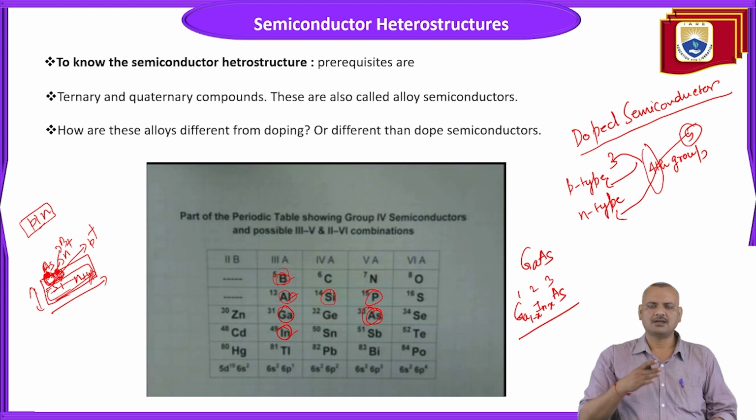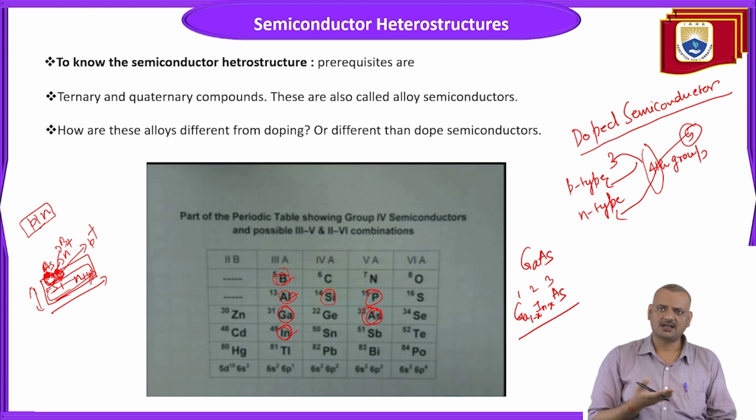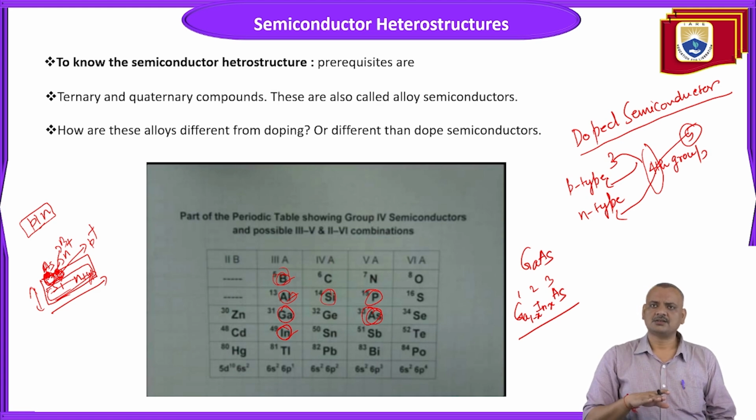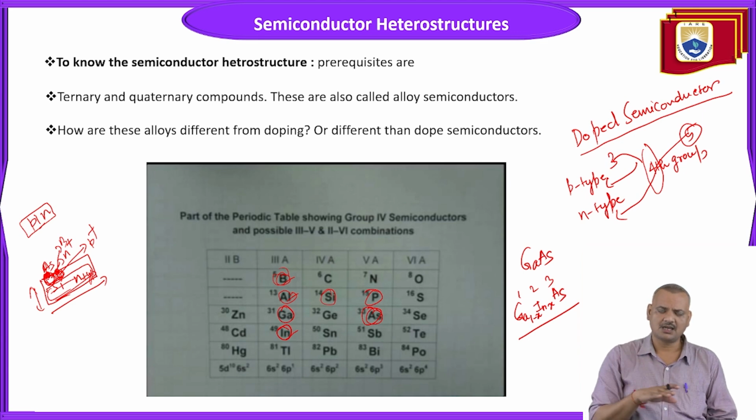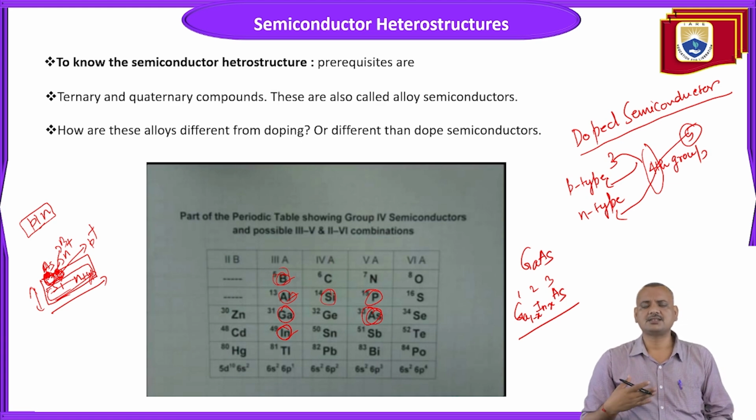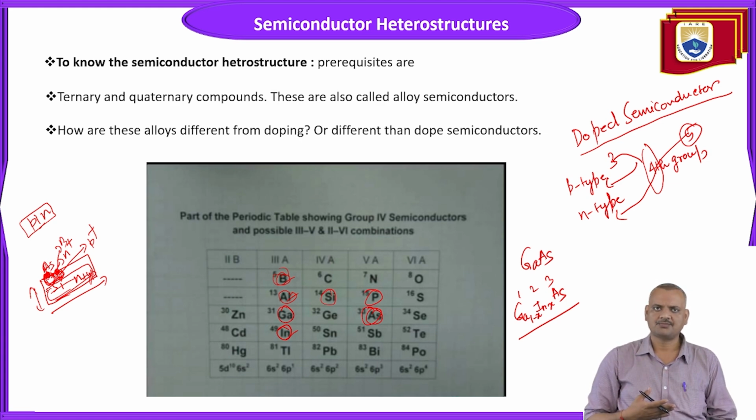And how do we make these ternary and quaternary semiconductors? To make optoelectronic devices, you have to grow or deposit these ternary or quaternary semiconductors layer by layer. You can say that is epitaxial growth.